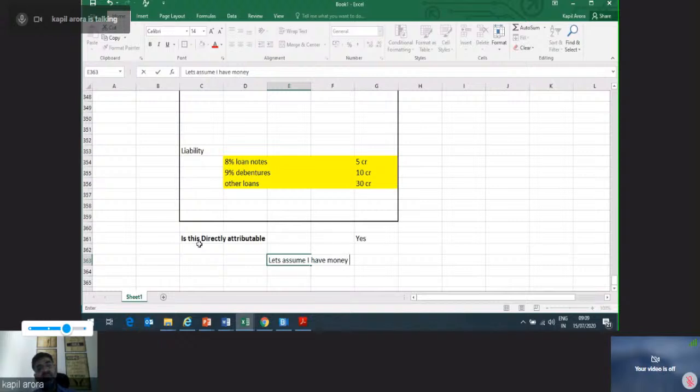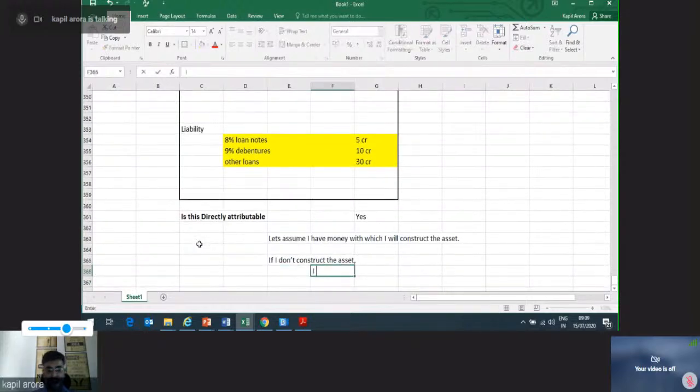Let's assume I have money already with me, with which I will construct the asset. Means I am using the loan which I already have, I am constructing the asset. Now let's assume if I don't construct the asset, what can I do?